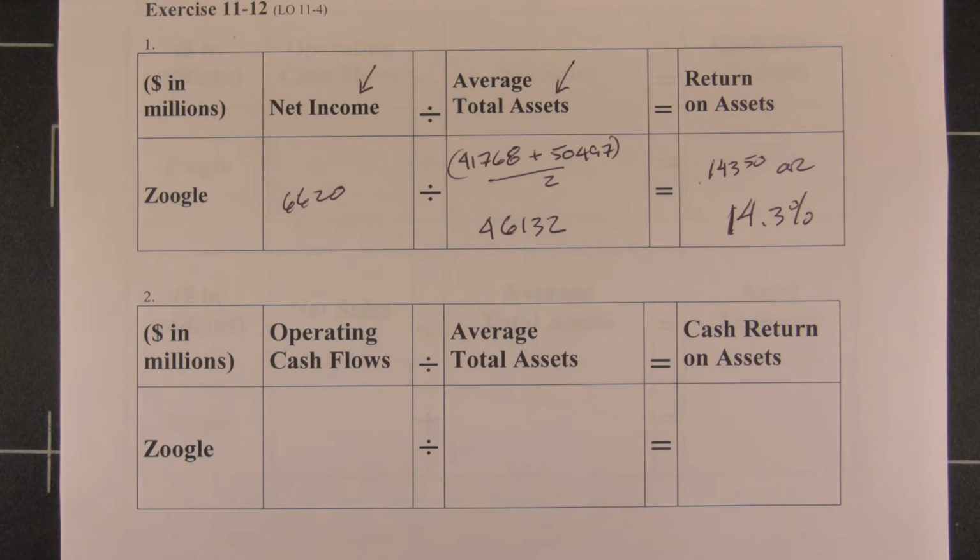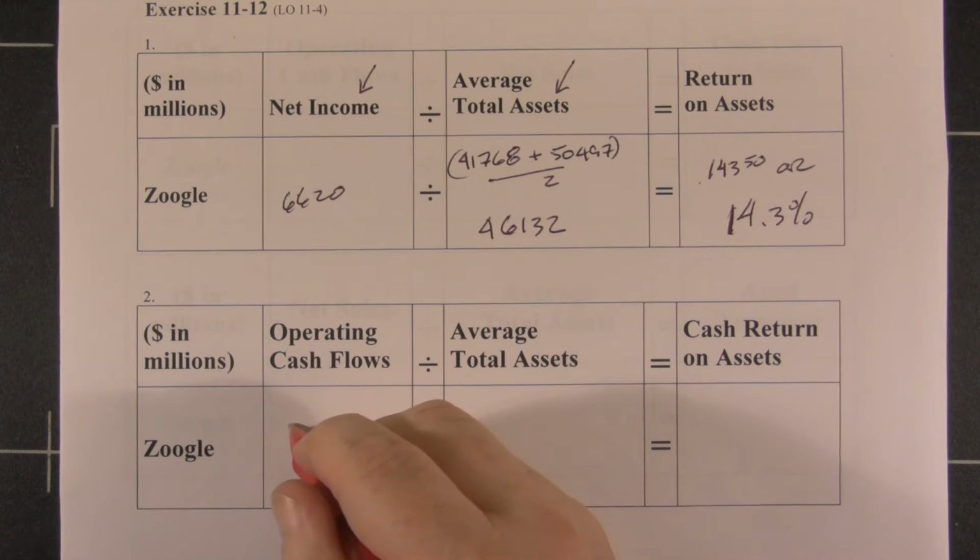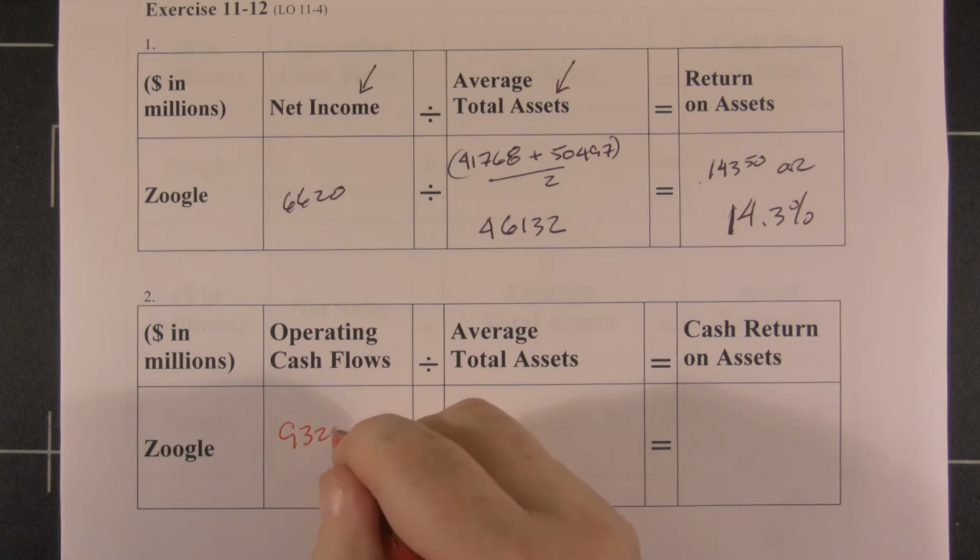The next asks us to compare our operating cash flow, which is a statement of cash flow number, and compare that to our average total assets. So when we do that, we take our operating cash flow of 9326.